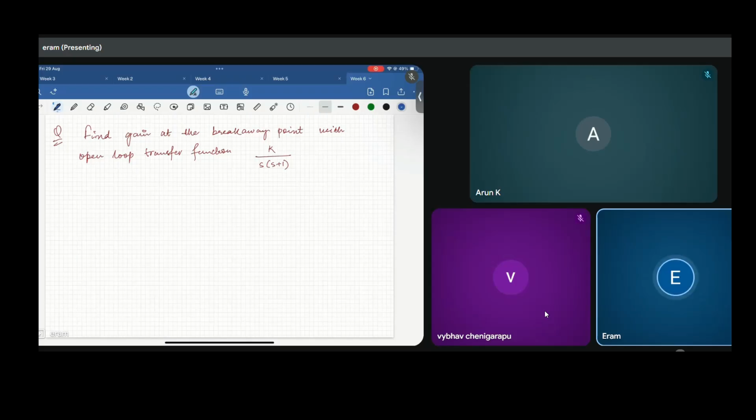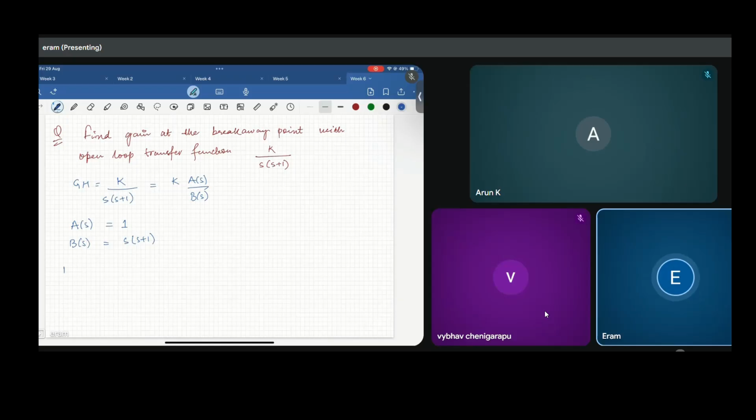So we proceed by similar way that we have done in the previous question. GH is given as k divided by s into s plus 1, and we need to write it in the form of as by bs. So again, as is 1 and bs is s into s plus 1.